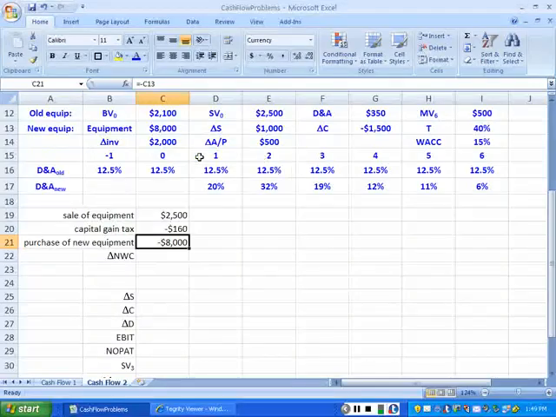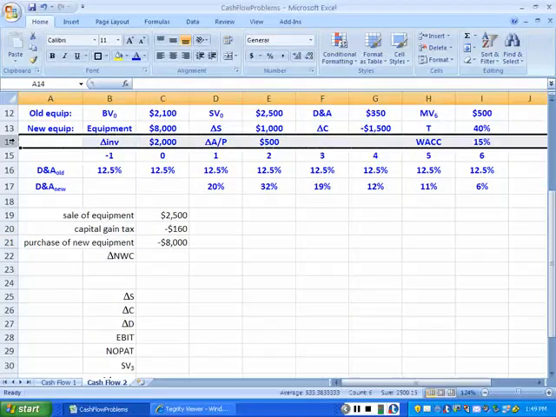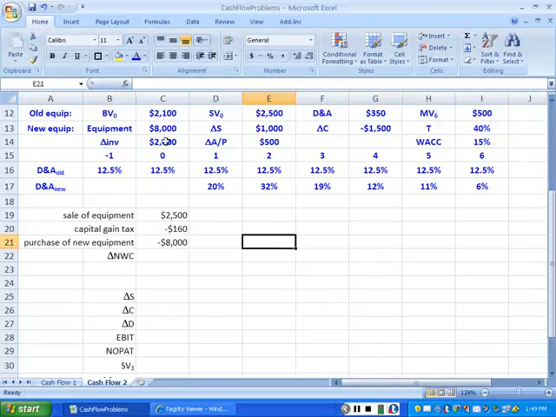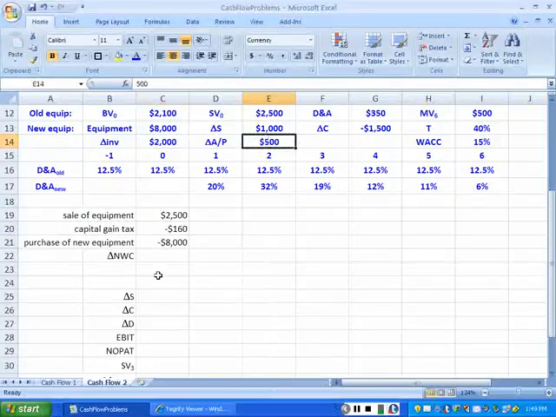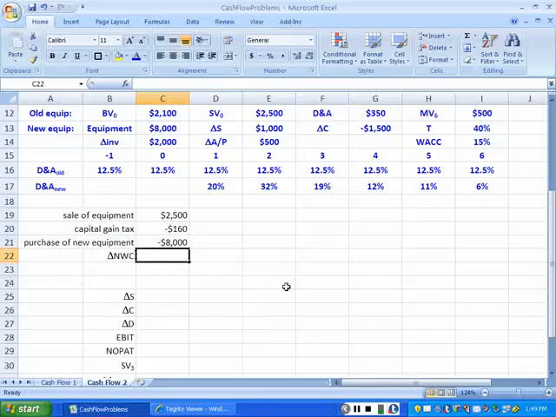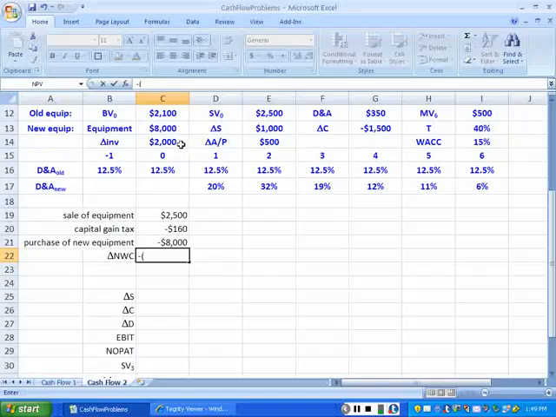Now, this change in net working capital, this is a reference here to what we have going on from both the current asset increase and the current liabilities increase. And it's going to be a subtraction of these amounts. So it's a negative of what's gone on here. So a negative of the $2,000 increase minus the $500 increase that's an offset by our accounts payable.